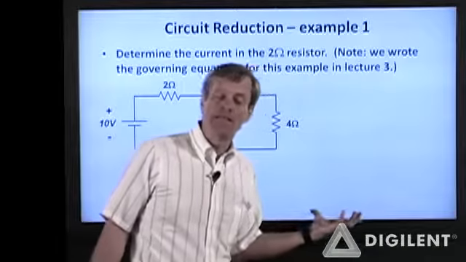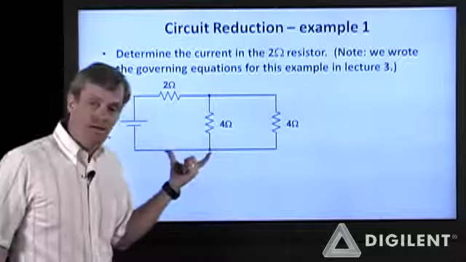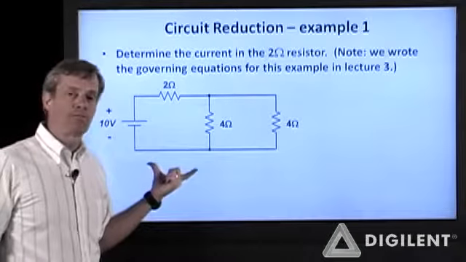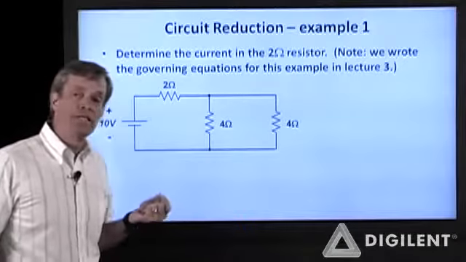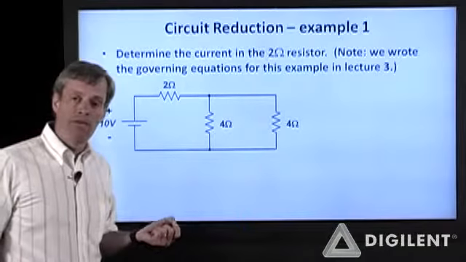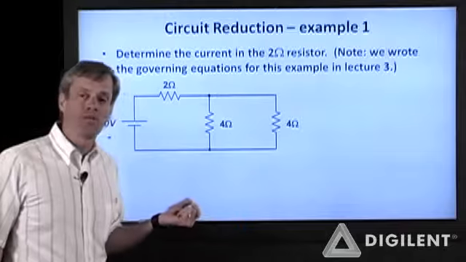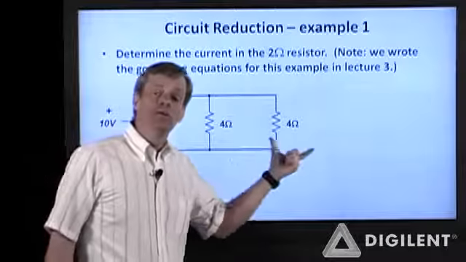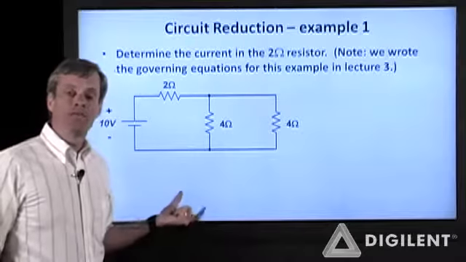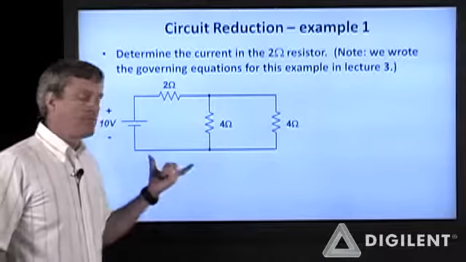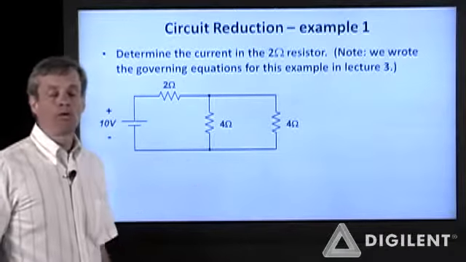We were just happy writing that many equations. Now we're going to take a look at simplifying this problem by combining circuit elements. What you want to do is see if you can find parallel combinations and series combinations of elements and simplify the circuit by combining those combinations and then analyzing the more simplified circuit. Take a quick look at the problem, come back, I'll work through it for you.